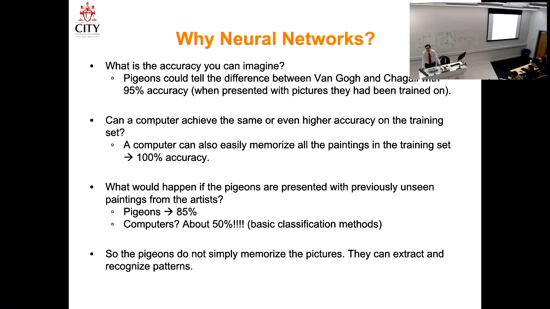The pigeon was 90 to 95% accurate on the ones it had seen before, and 85% on the ones it hadn't seen. So the pigeon could extract features. It could see patterns, the differences between the styles of the 2 different artists.